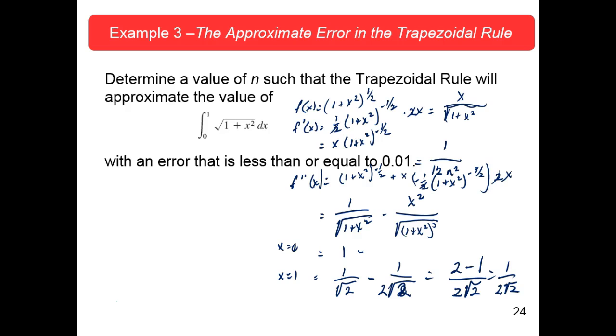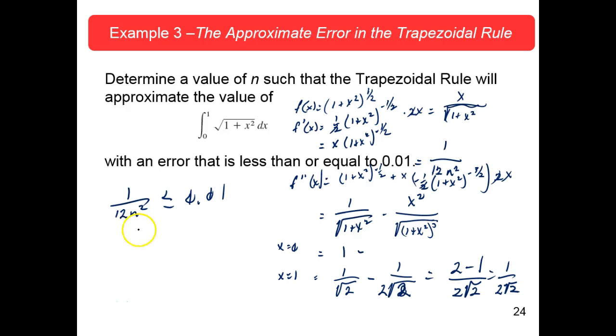Oh, okay. Let's write this down. 1 over 12n squared, that's the error, is less than or equal to 0.01. What we're going to do is multiply both sides of the inequality by 12n squared.